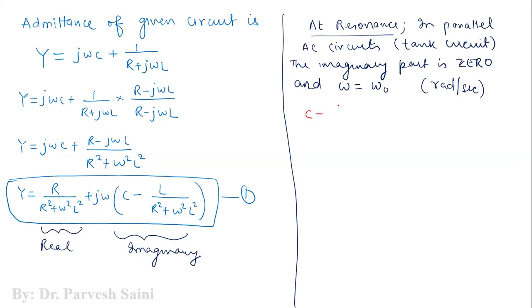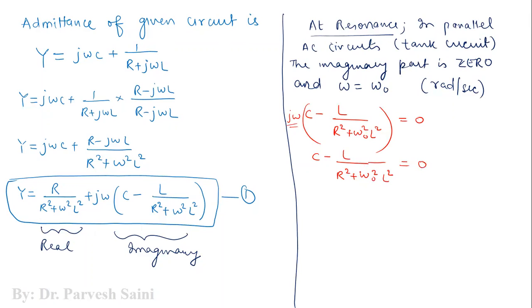So C minus L by R square plus omega square L square, and then we have this j omega, it is equal to 0. Now this will be 0. So we have C minus L by R square plus omega naught square L square is equal to 0.